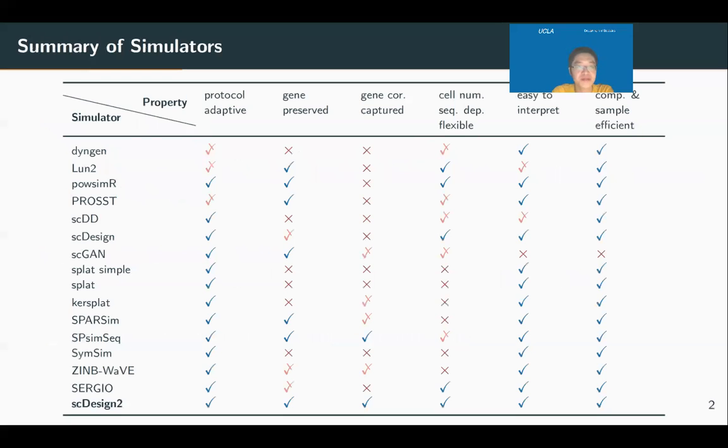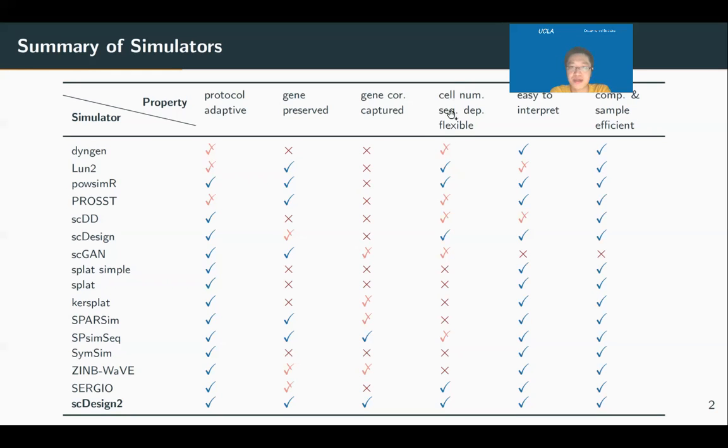Regarding simulators, actually, a lot of them have already been proposed. Here we've listed some existing simulators, and also our proposed scDesign2, and also some desirable properties of a good simulator. First of all, we want it to be protocol adaptive, which means that it can simulate both full-length type protocols and also tag-based protocols. Secondly, we want to preserve genes and capture gene correlations.